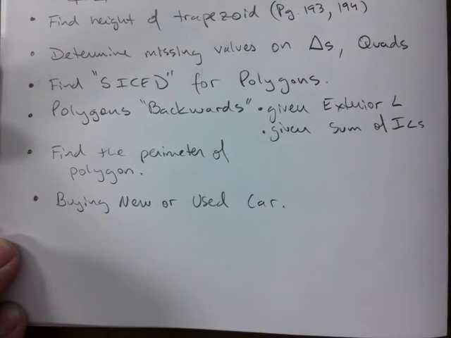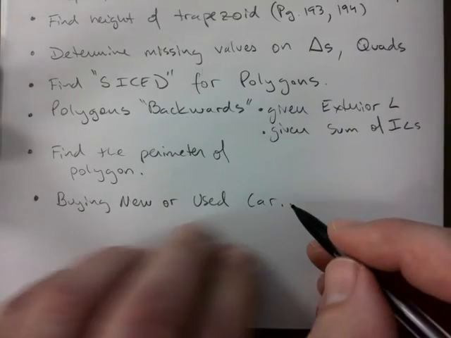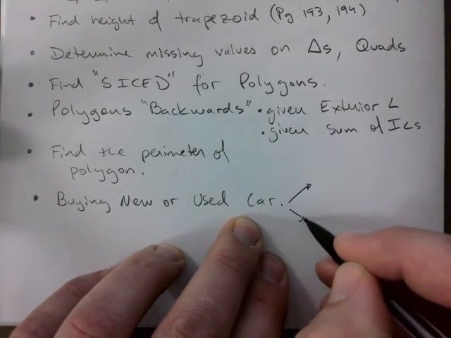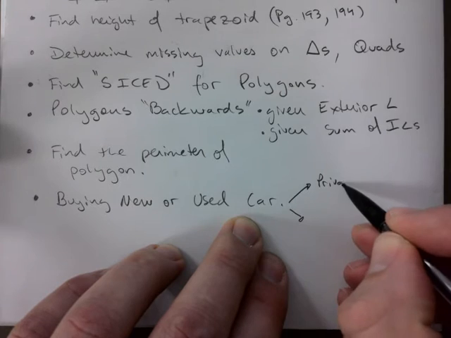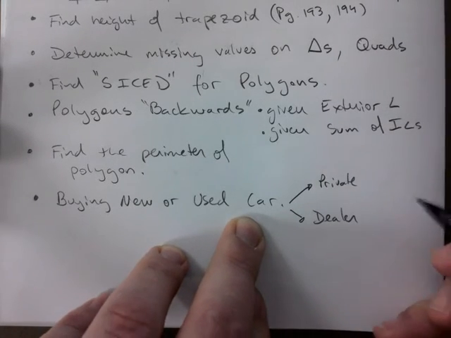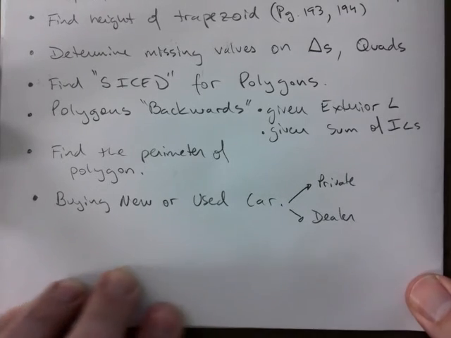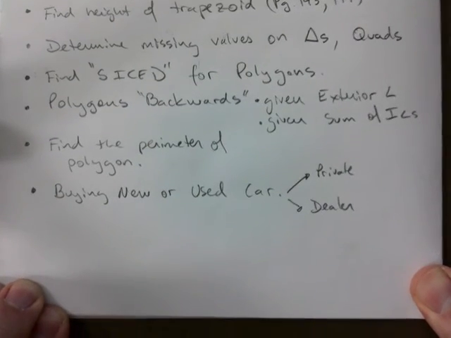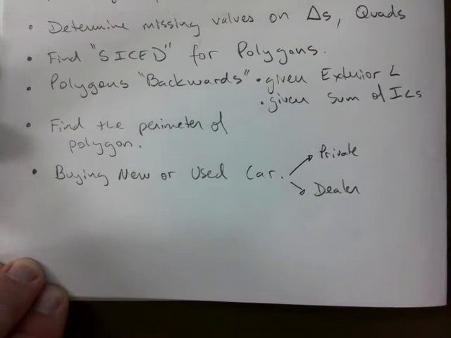So review how did a new car work? And how did it work if you bought a used car? It could be a private or, right? This branches out into private or dealer. And if you have your study sheet built, you have the formulas, right? You should know how that works.